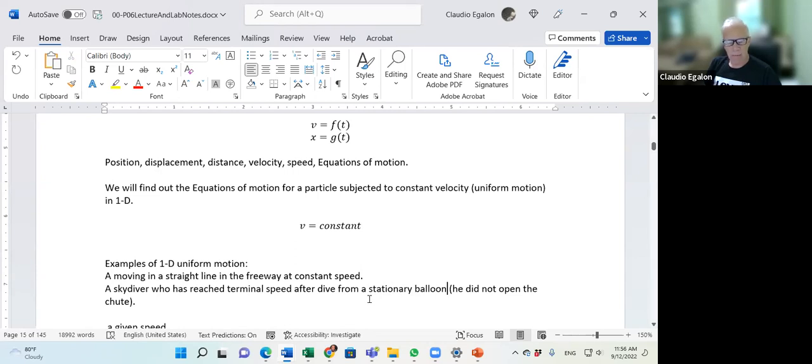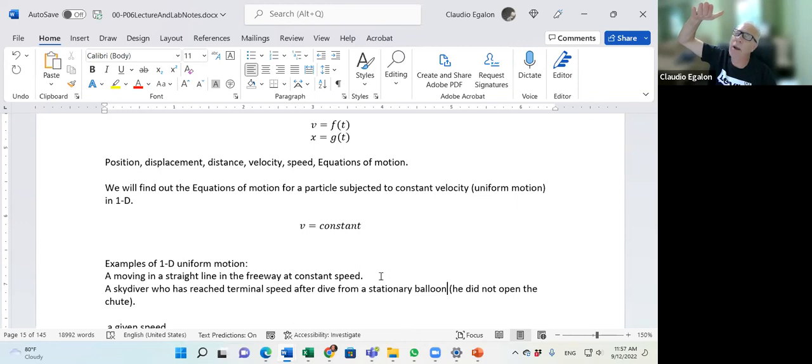If you're a skydiver, you jump from a stationary balloon at a very high altitude. As the skydiver keeps on descending, he's going to encounter more and more air resistance. He's just falling with his head and arms straight.